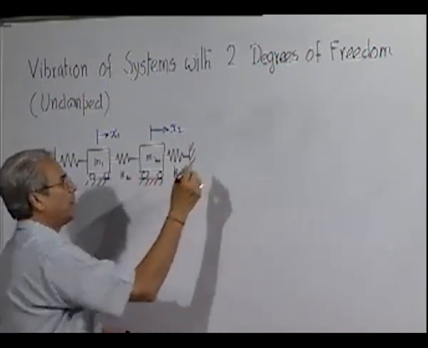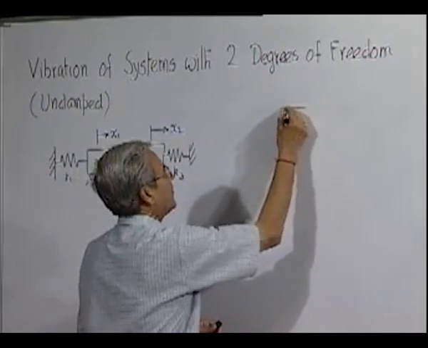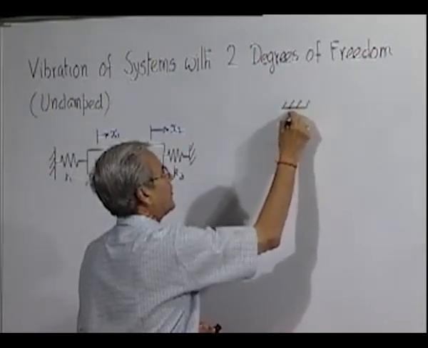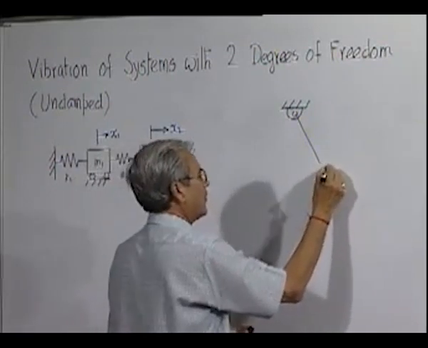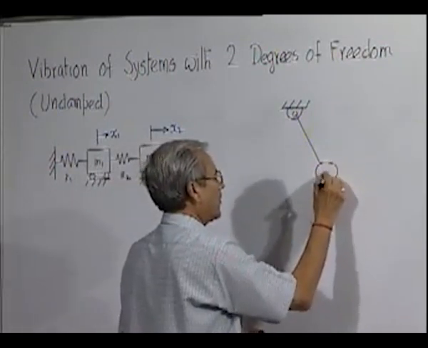So as can be seen easily, this system requires 2 independent quantities x1 and x2 as the displacement of the 2 masses from their respective equilibrium position.